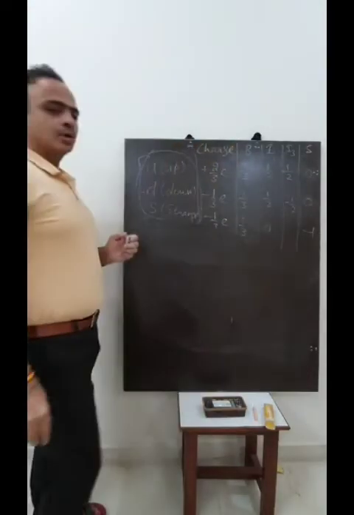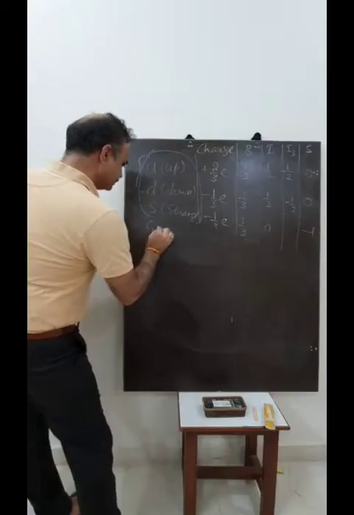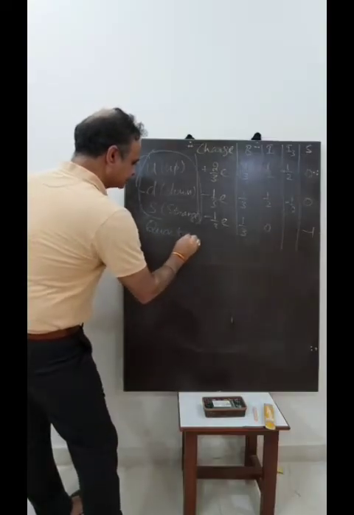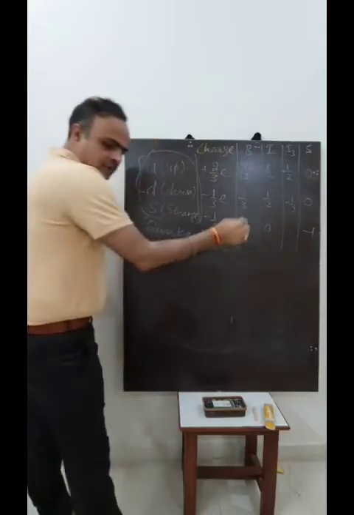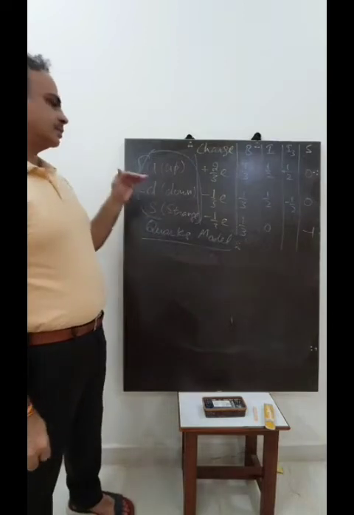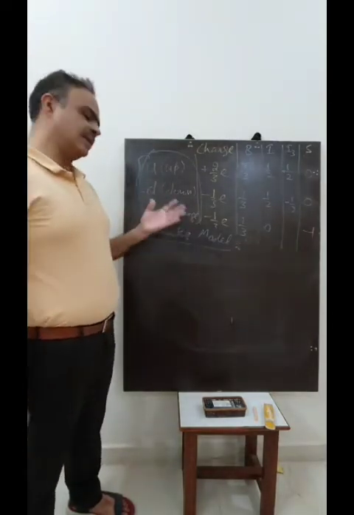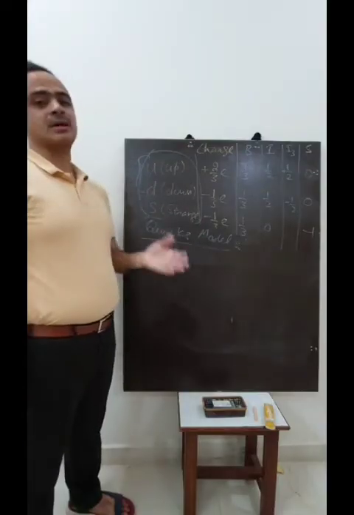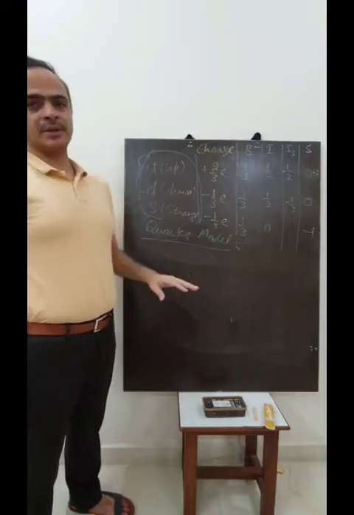And there comes the quark model. What is the quark model? The quark model tells you that baryons and mesons, that is hadrons, are made up of quarks. They are no longer fundamental particles.